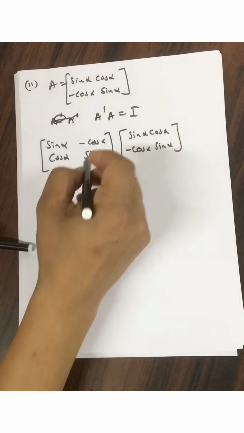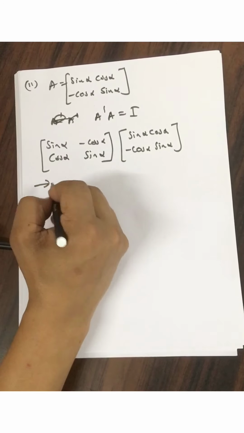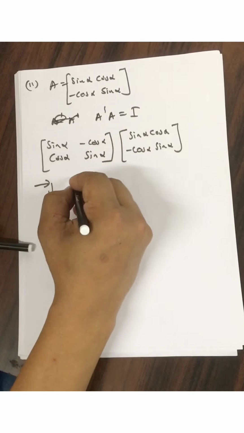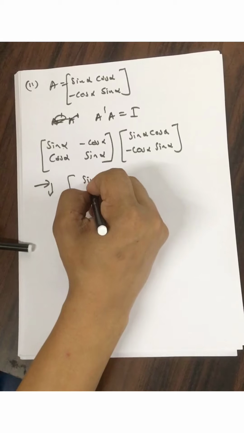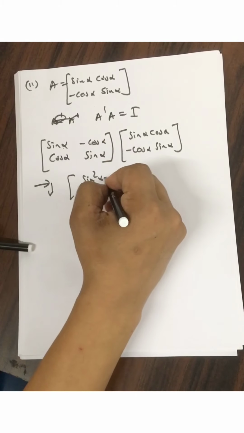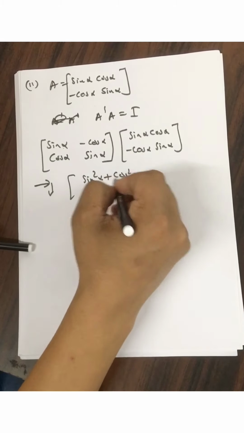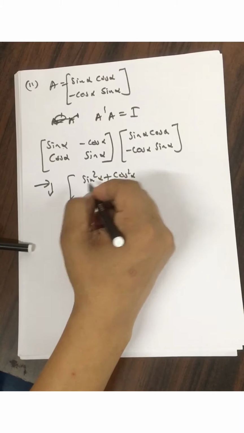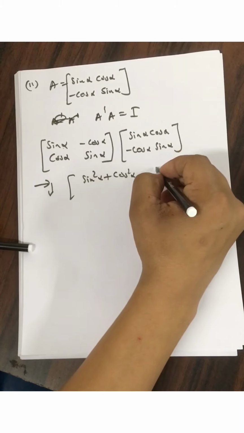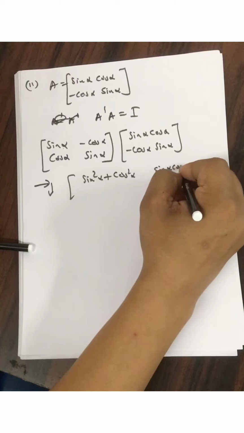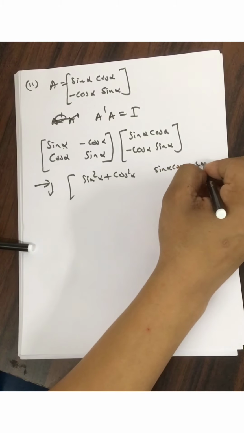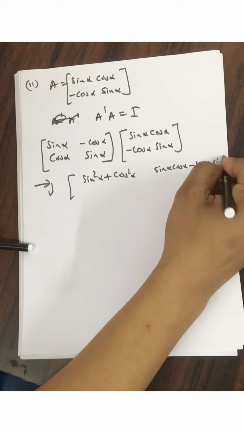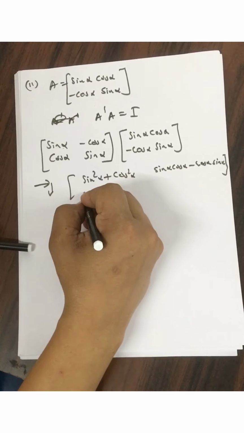Multiply now. Remember the rule, this and this. Sin into sin, sin square alpha. Cos into cos plus cos square alpha. Then this into this, sin alpha cos alpha minus cos alpha sin alpha.